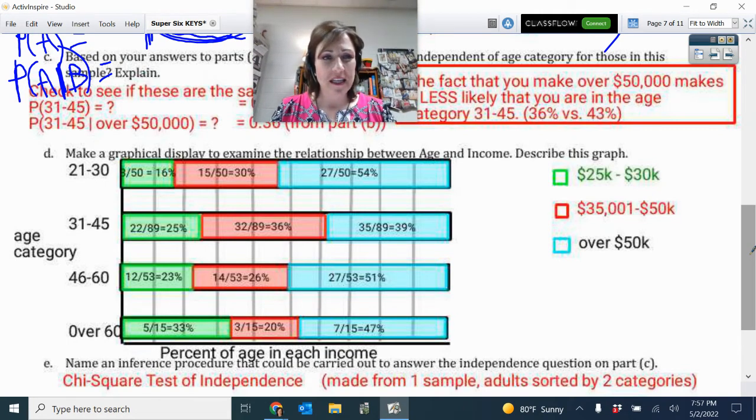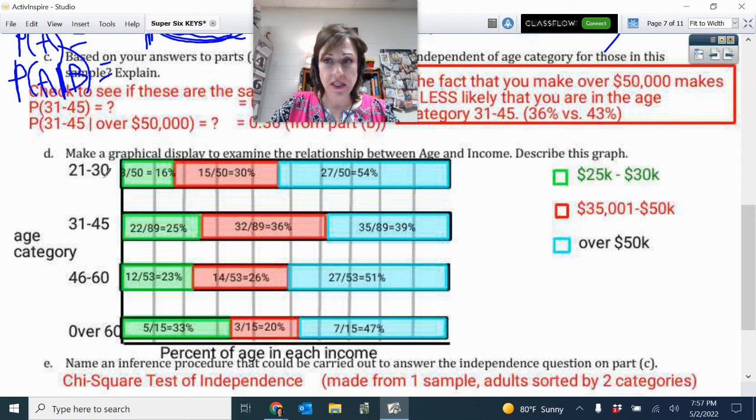You can do it stacked, and turn this whole thing on its side and do it that way. Okay, you could have also done the bars with the income and done the three bars of income, and then in the income, you would have four colors of the age.